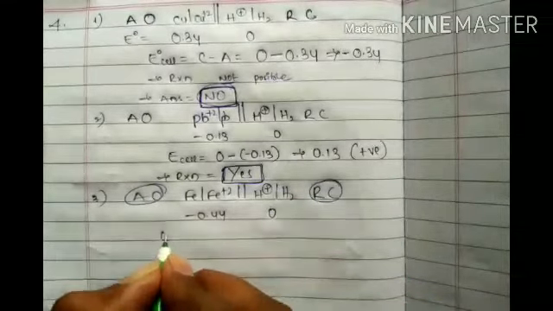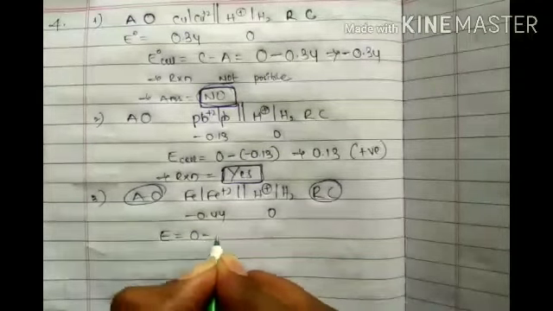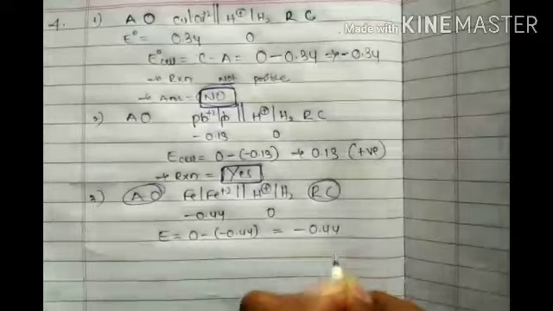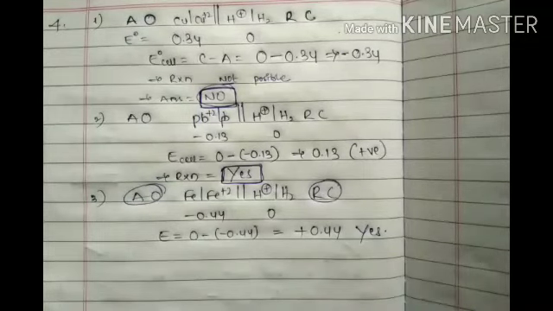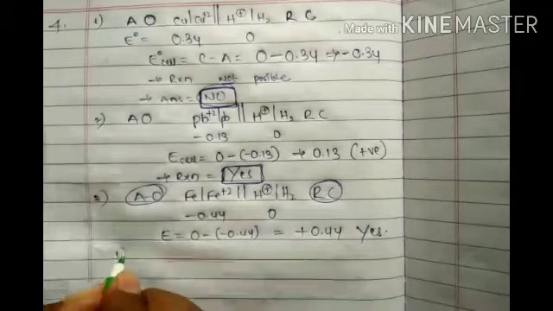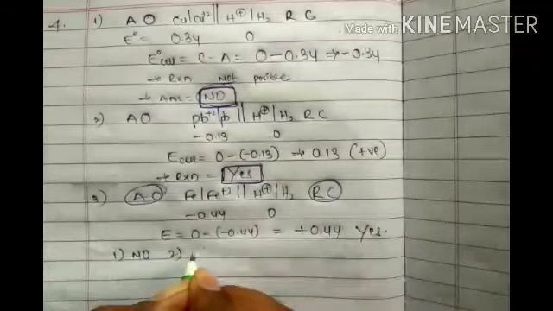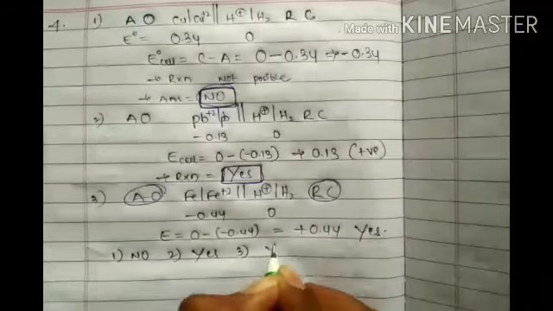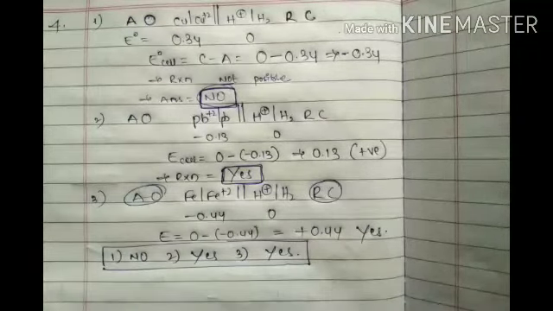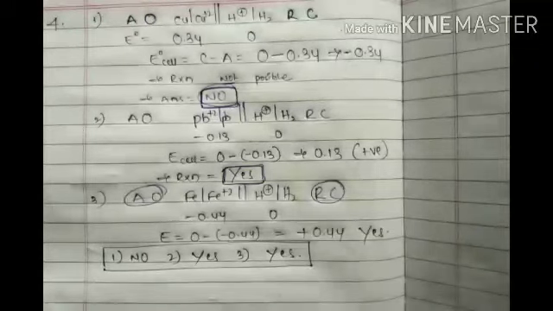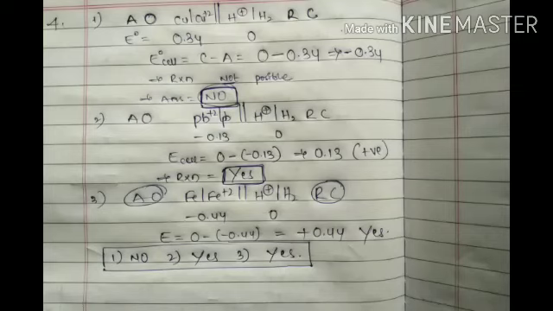So E cell equals 0 minus minus 0.44 equals plus 0.44. So reaction yes. Now question 1 no. Question number 2 yes. Question number 3 yes. No, yes, yes.